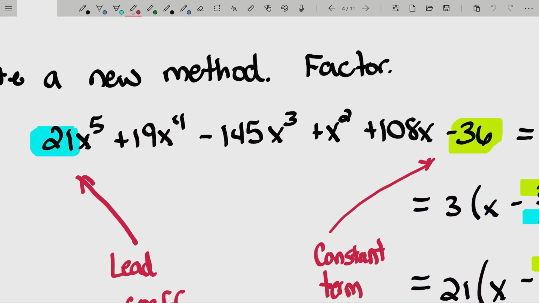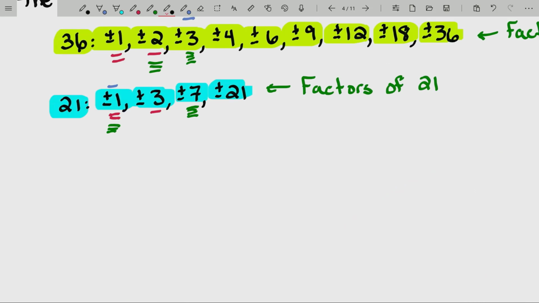So there is our original polynomial, and we're looking for factors of 36 divided by factors of 21, and those are candidates for zeros for our polynomial. Now, we listed out all the factors. Let me show that. And there were quite a few.